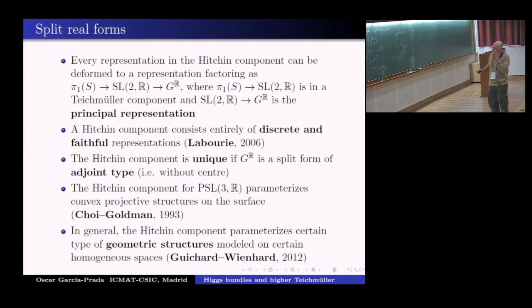There is some work by Guichard and Wienhard relating this to geometric structures modeled on certain homogeneous spaces. I won't get into that, but it's a very interesting direction for understanding what it is. In general, they are not structures on the surface, but higher dimensional things. But it must be quite fundamental somehow.